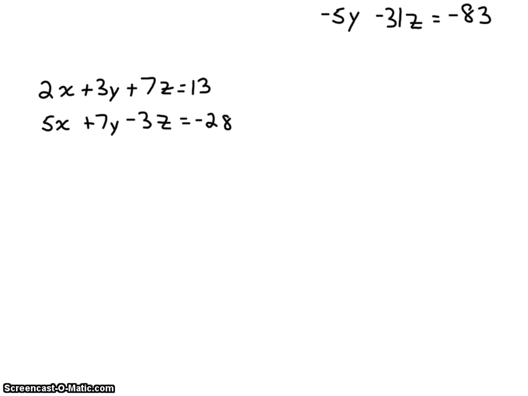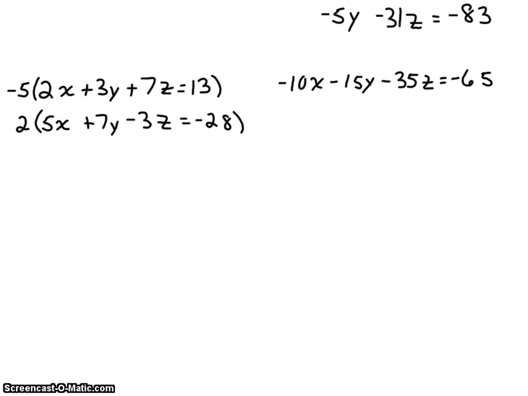I want to eliminate the x's, so I'm going to have to multiply both equations by a non-zero constant. Looks like I want to get -10 and 10, so I'll multiply our equation 1 by -5 and the other equation by 2. As a result, we get -10x minus 15y minus 35z equals -65.